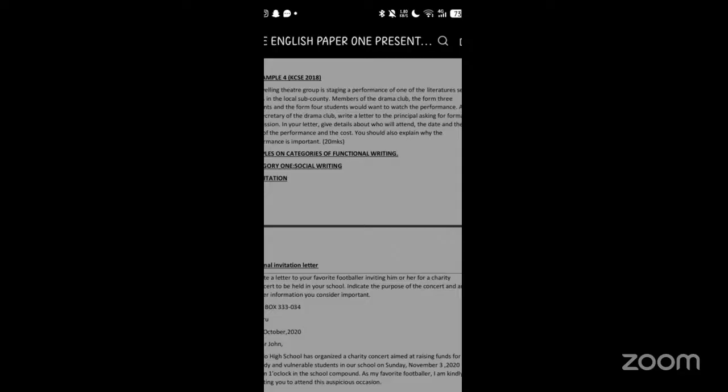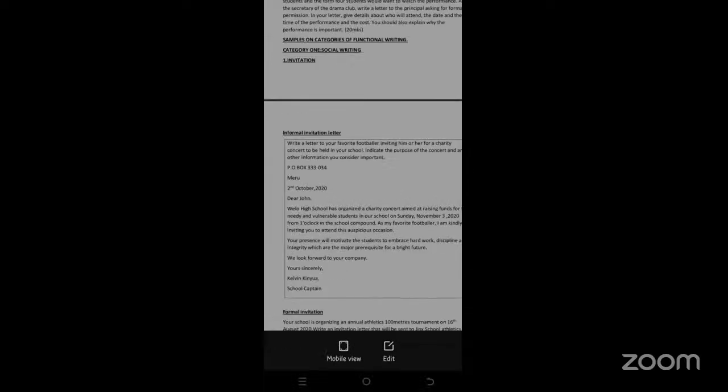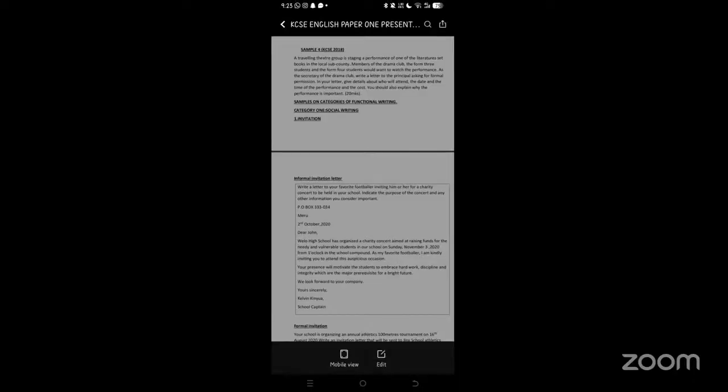And so you are talking about the club, from the drama club. We want you to give us permission to do this and this at this time, and so on. So there is so much to talk about. Even the cost of the book, who will be attending, what is expected, all those things. And remember, it shouldn't be long, you should write in a very short way. And just so that we can finish up on that, the one who read for us, who was it by the way?